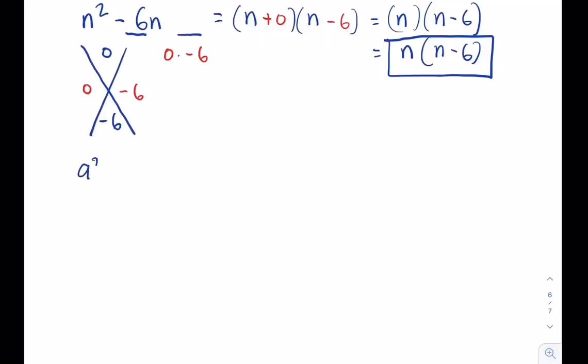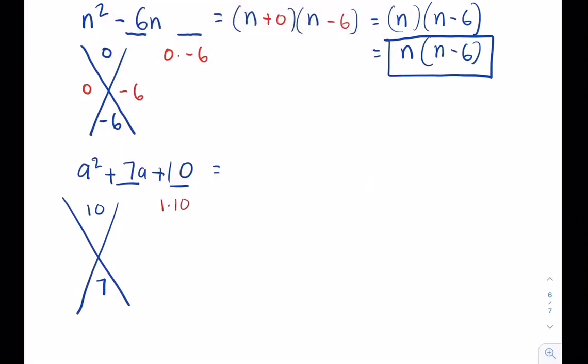Okay, another example. We have a squared plus 7a plus 10, and we want to factor this. Again, we start with our x. Put our c number 10 on the top, put our b number 7 on the bottom. We're going to find two factors that multiply to 10, add to 7. So let's go through our list. 1 times 10 does not add to 7. 2 times 5 does add to 7.